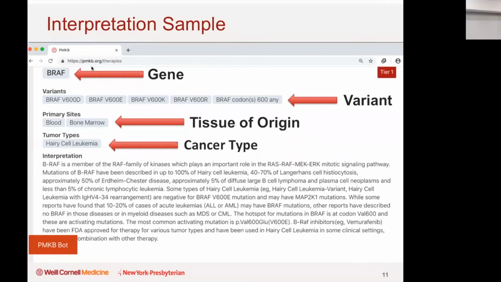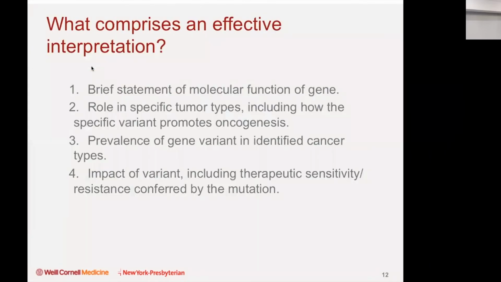So those are the main components, I think. It's outlined here with that as an example. So the first sentence is going to be a brief statement of the molecular function of the gene or the product thereof, and its role in specific tumor types, which is mostly looking at the prevalence of mutations in that gene.